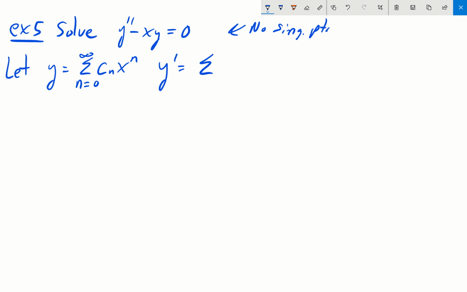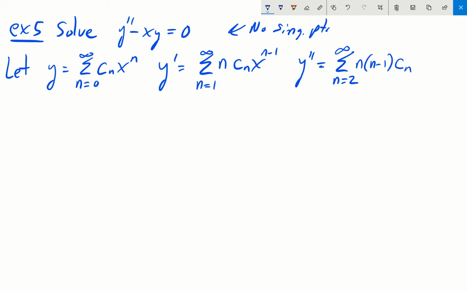That's going to be the sum now from n equals 1 to infinity of n Cn x to the n minus 1. To take the second derivative, this is now going to be the sum from n equals 2 to infinity. Again, bring the power down. We have n times n minus 1 Cn x to the n minus 2. We can now take those series and plug them into our differential equation.